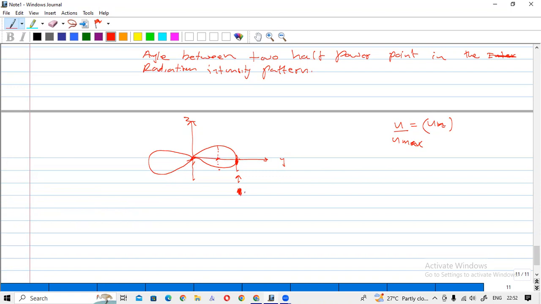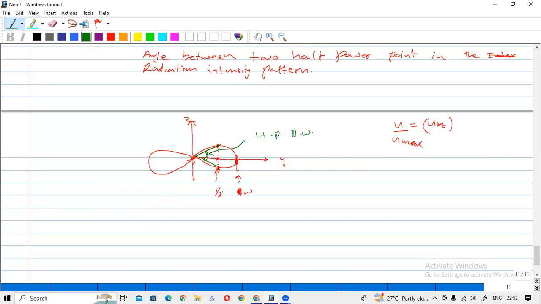If you consider this is 1 watt, this will be the half watt. These are the two half power points, and the angle between this point and this point is the half power beam width.